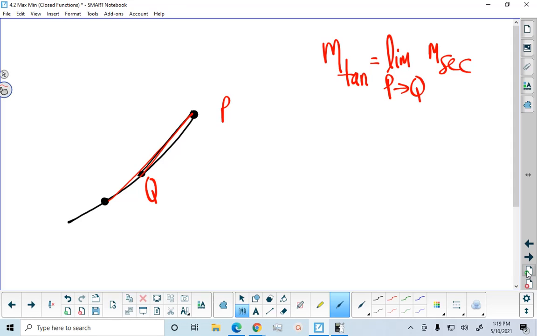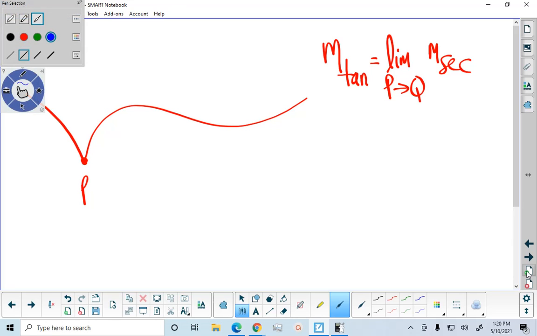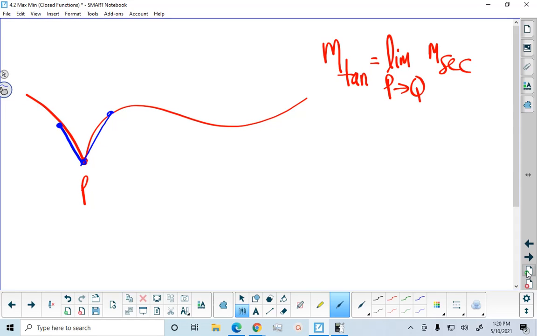Okay, so if I have some function and it looks like this, and this is point P, the slope of the secant on one side looks like this, the slope of the secant on the other side looks like that, and although you could probably argue that each of those two slopes are going to approach some number, they won't approach the same number, because the slope of the secant on the left is negative and the slope of the secant on the right is positive.